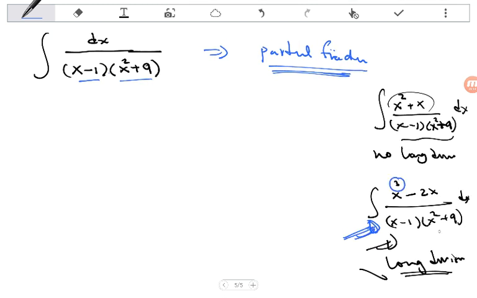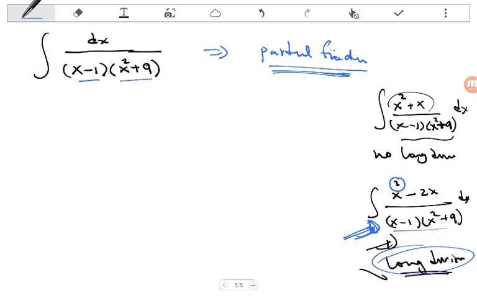Because here I have a third degree divided by a third degree, so the first step is to make long division. If I forgot to make long division, any of the following steps will be wrong.